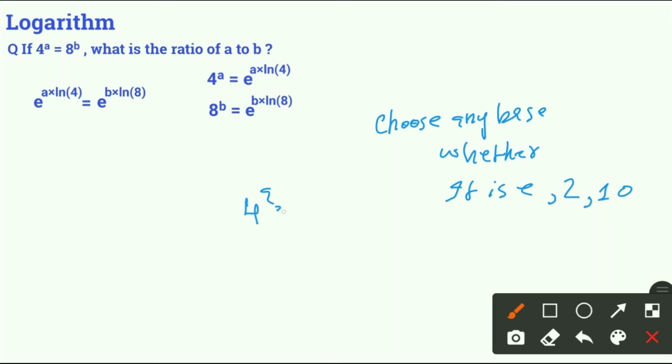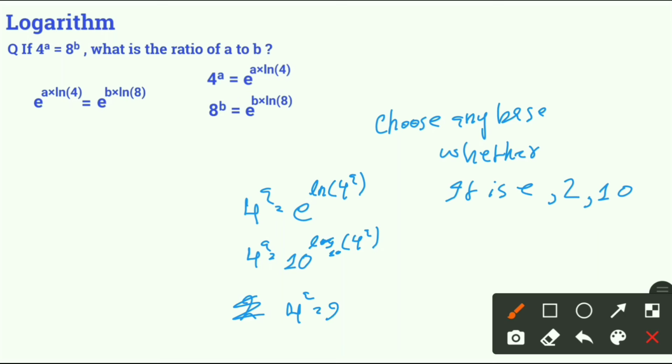For example, if this is 4^a, if I am interested, I could convert it to ln, so the base is e, and then ln 4^a. I could convert it this way as well, with base 10, log_10 4^a, or to log_2 4^a. I could convert it in different ways, depending on what you choose.